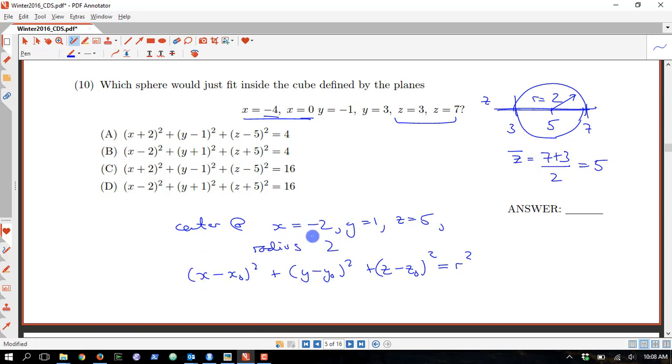So x minus minus 2 will be x plus 2. So it could either be A or C, but can't be B, cannot be D. And just to confirm, y minus 1, good. Z minus 5, good. And then radius squared. In our case, that's 2 squared, which is 4. So we're looking for this one. So it's not C. So we're looking for A as the answer to that problem.